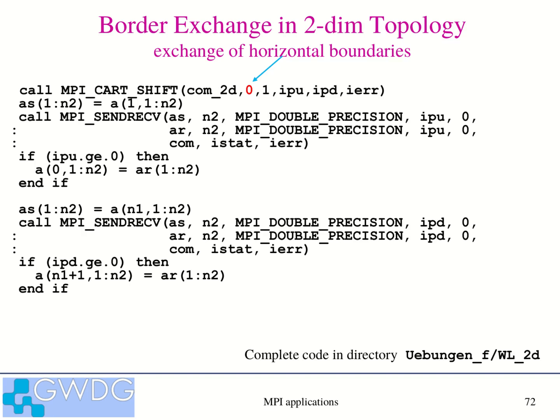Then you copy this contiguous data into the halo boundary row of your local temperature field: row 0 will be filled with the values received from your neighbor.